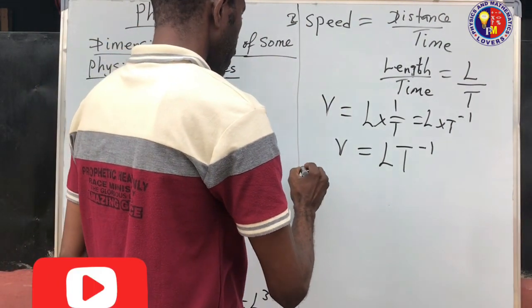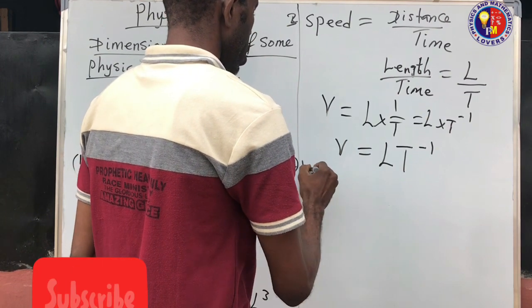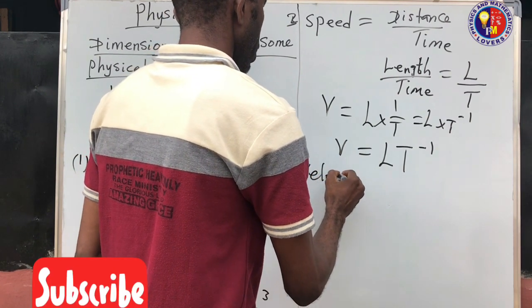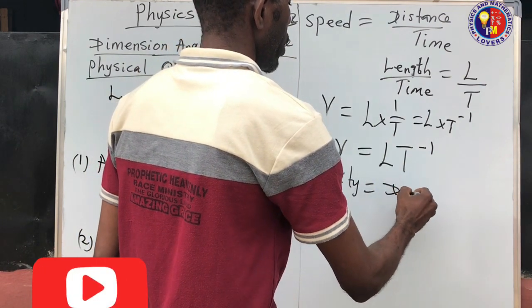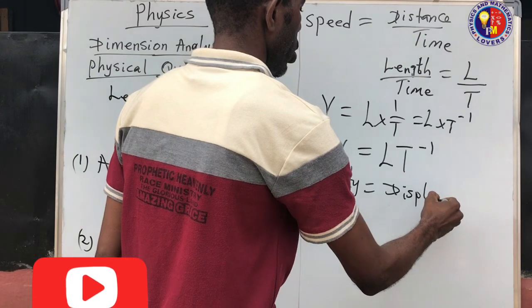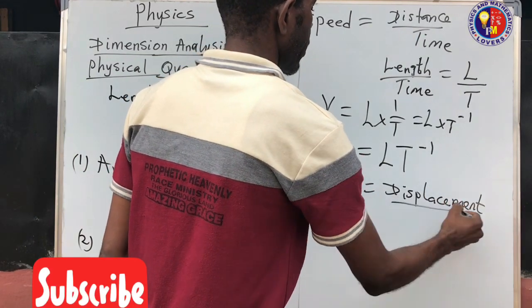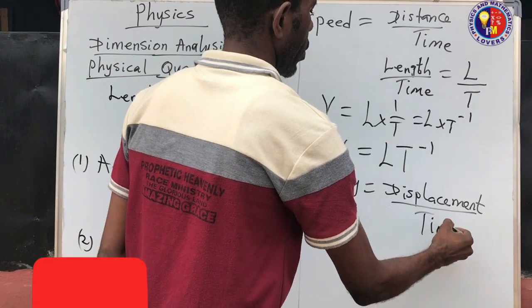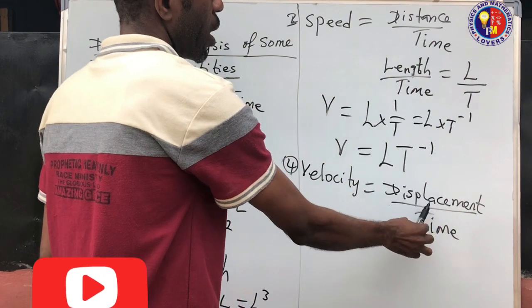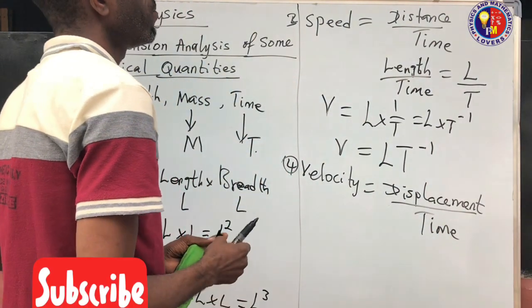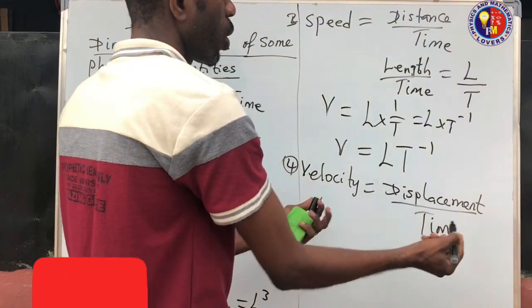Now let's look at another quantity, velocity, number 4. Velocity is defined as displacement over time. If you want to know the dimension, this displacement here is a distance measured in a specific direction, meaning that you are also talking about length.